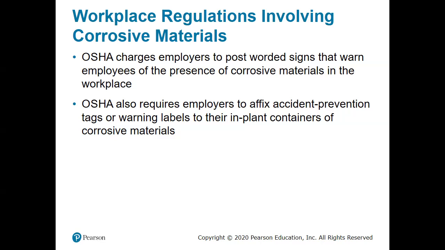Employers have to post that there are corrosive materials present in the workplace, and they have to put accident prevention tags and warning labels on the containers themselves. So they have to designate the area and the container. That's what OSHA says that they have to do. Designate the area and designate the container.